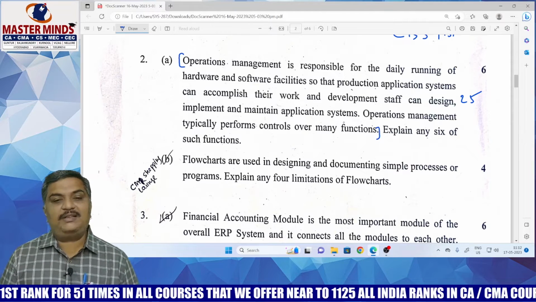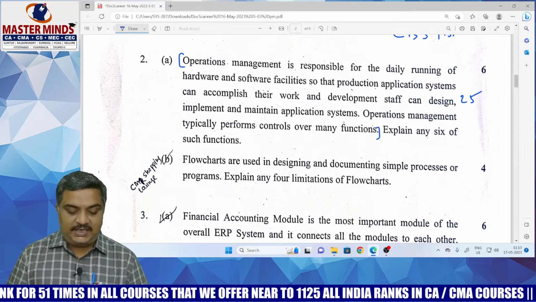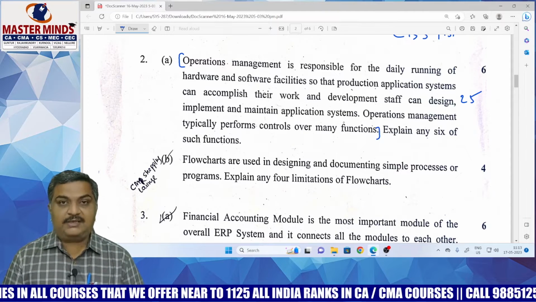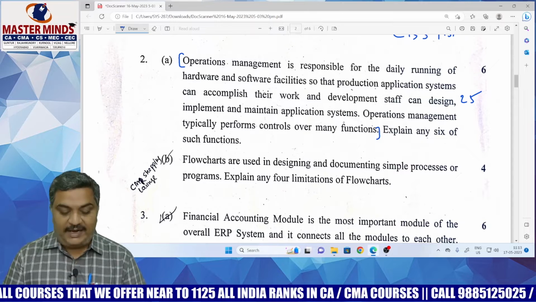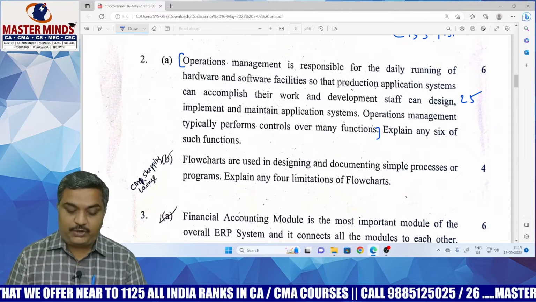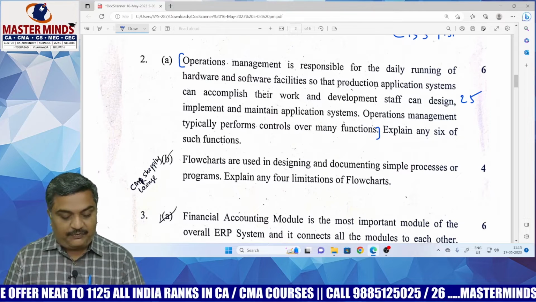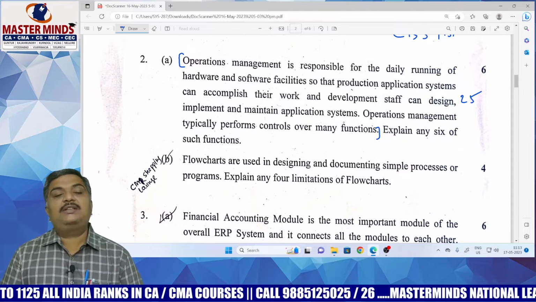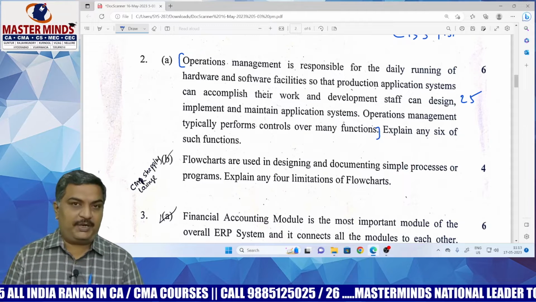You can write this introduction, and you can write the 6 functions of operations management, like computer operations, network operations, data entry, data preparation entry, and production control, file maintenance of file library, document library, program library. These are all the important functions of operations management.